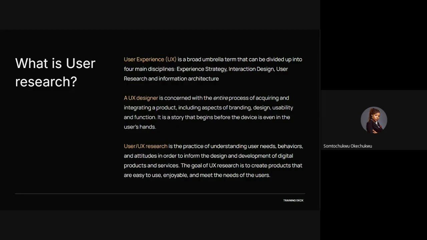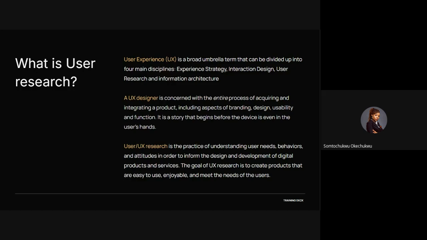Now, in UX, these are the major aspects of it, right? A UX designer is concerned with the entire process of acquiring and integrating a product, including aspects of branding, design, usability, and function.